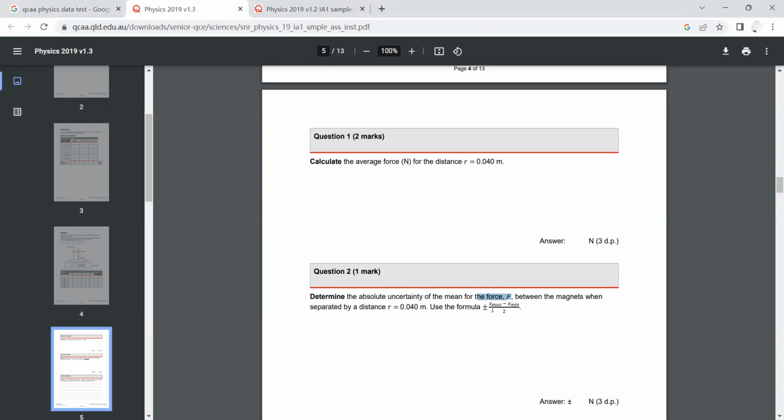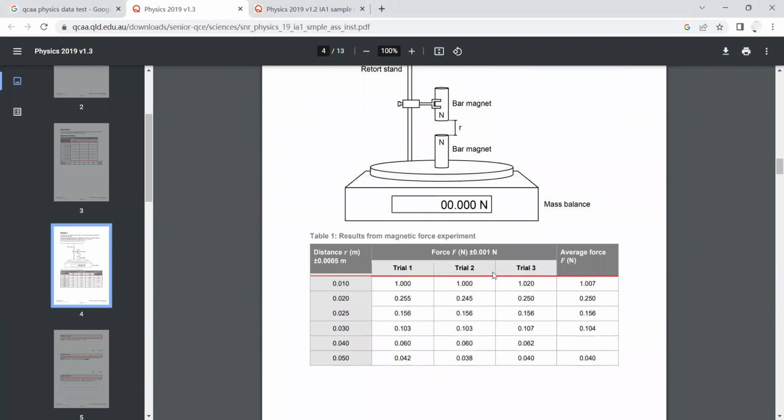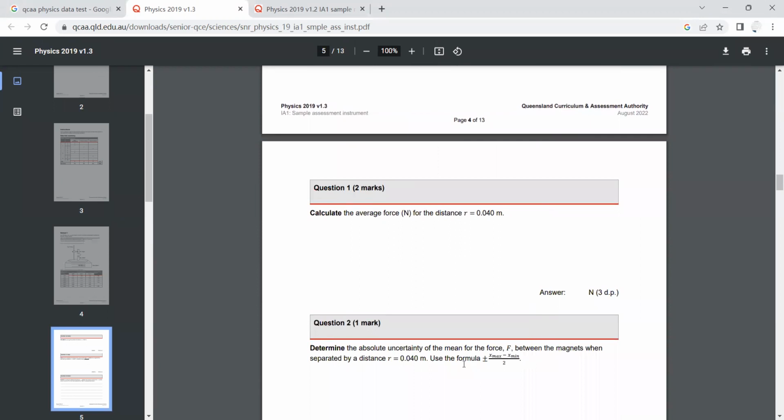And now we need to determine the uncertainty. From this table, it is given that we obtain these results with an error of 0.001 Newton. To obtain the uncertainty here, let's say I use x maximum minus x minimum.